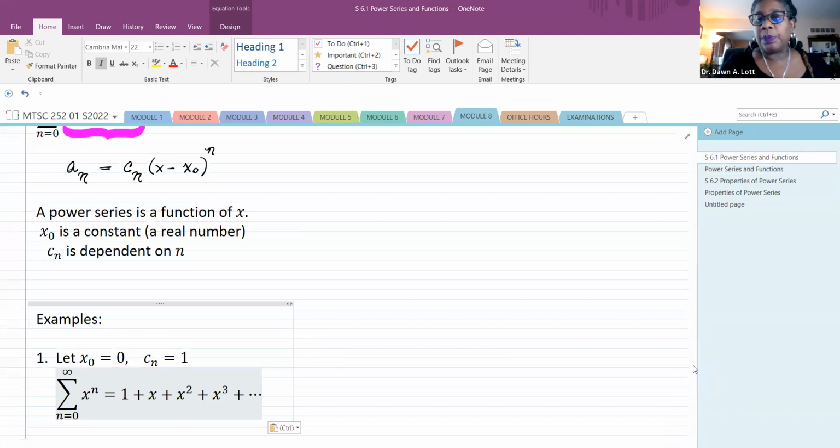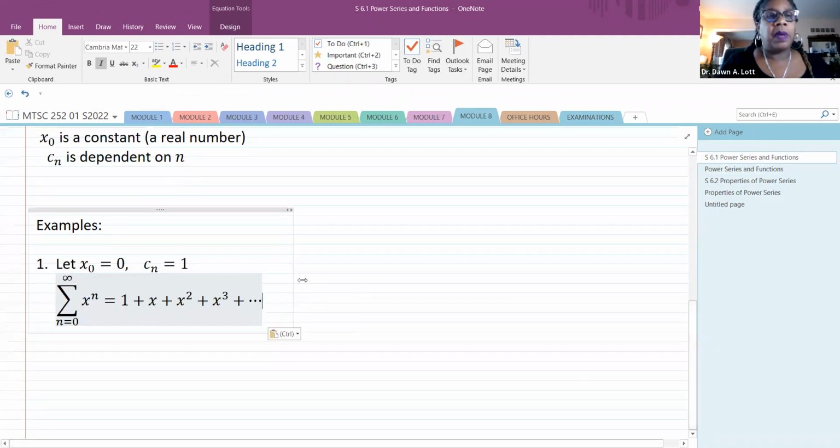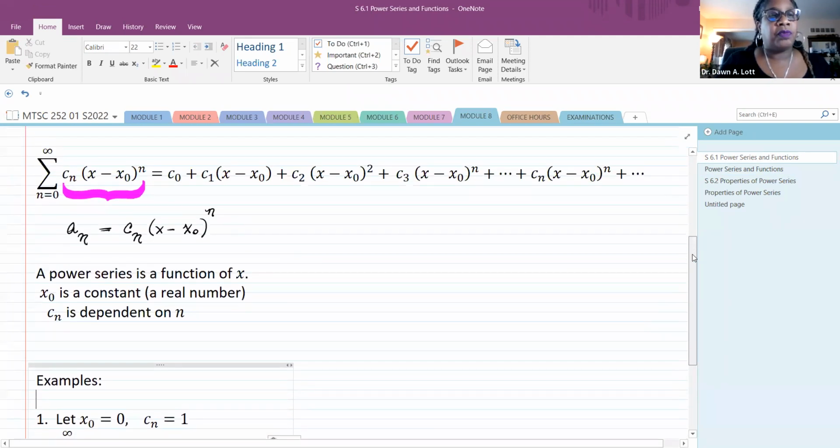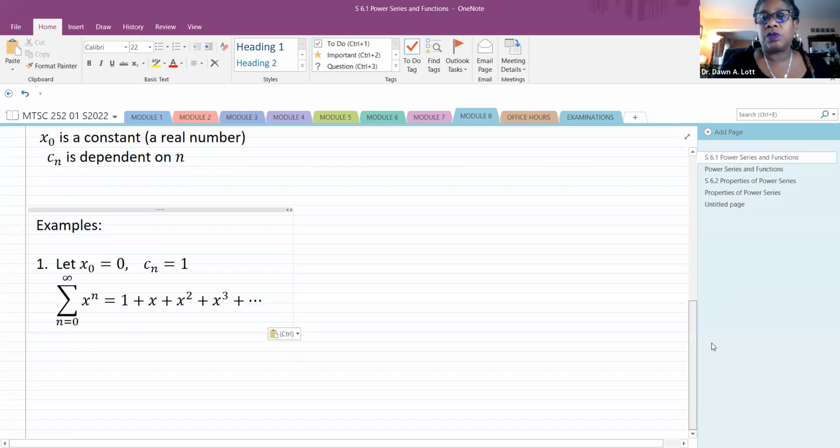In this example, my x naught is 0, so where I have x minus x naught, I don't have that term. And my C_n, which is what goes in front of the (x minus x naught), is just 1.